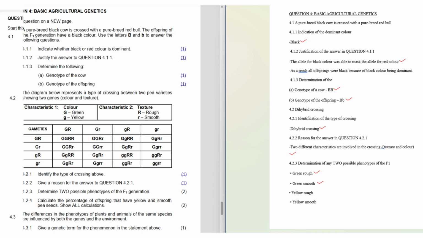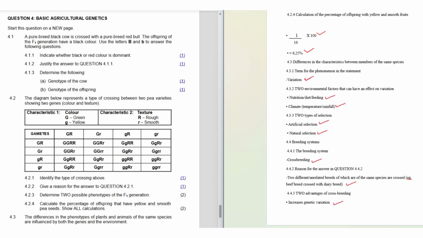And 4.2.4, calculate the percentage of offspring that have yellow and smooth seeds. Okay, so if we know about the dihybrid crosses, we see that the dihybrid cross has 9:3:3:1.